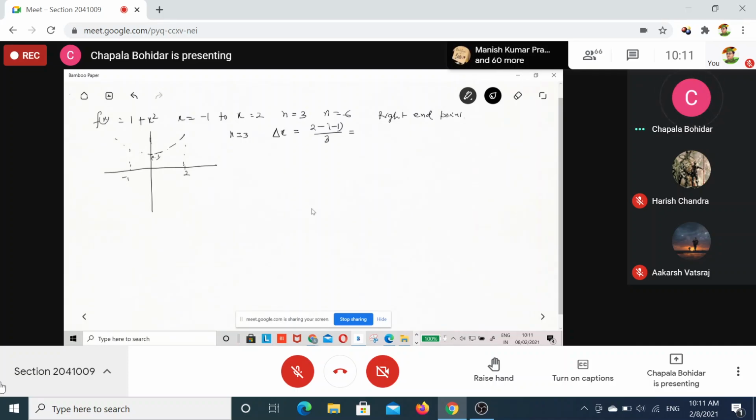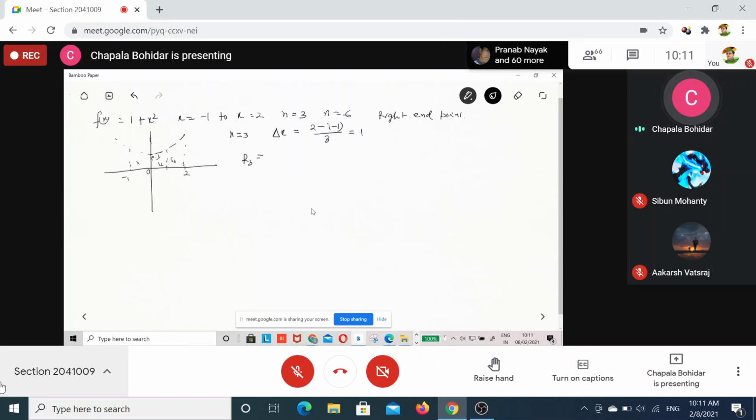It is 1. Clear here? So here it is -1, plus 1 it is 0, then it is 1, then 2. We divide it into 3 parts, say S1, S2, S3. Now right endpoint R3.